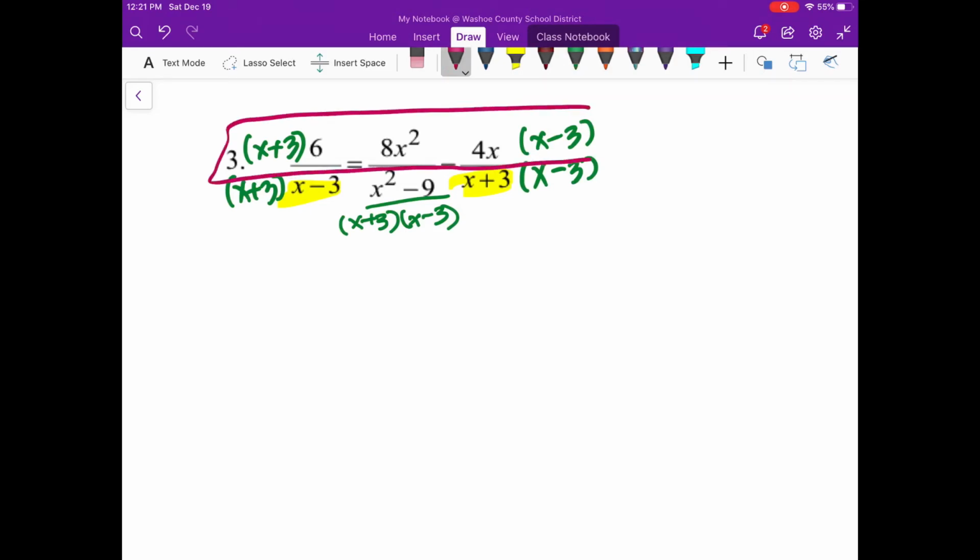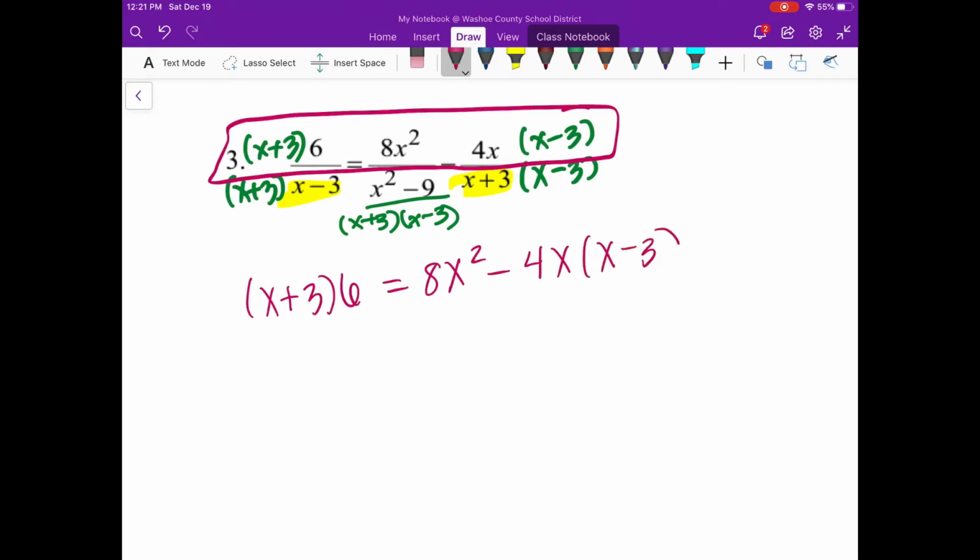And now that you are multiplying the numerator and denominator by everything, they have the same denominator, so you can just focus on the top and write out your problem and start solving for x. So we have x plus 3 times 6 equals 8x squared minus 4x times x minus 3.